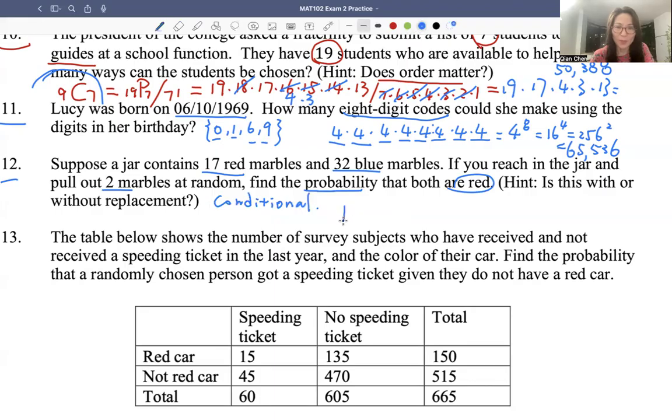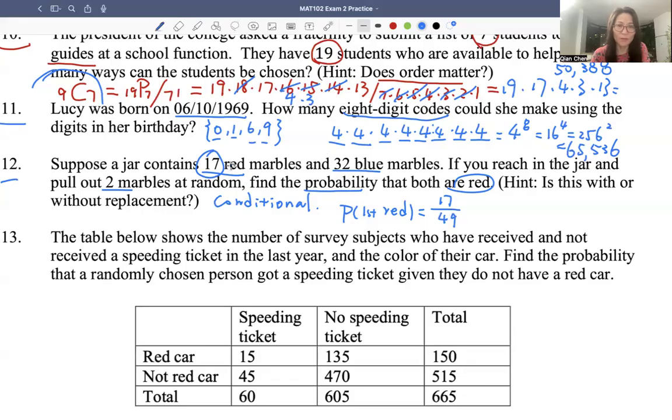So let's see, probability of the first one red. Well, total we have 17 red, right? 17 out of how many? 17 plus 32, 49. Right, total marble. 17 red, 32 blue, add together.